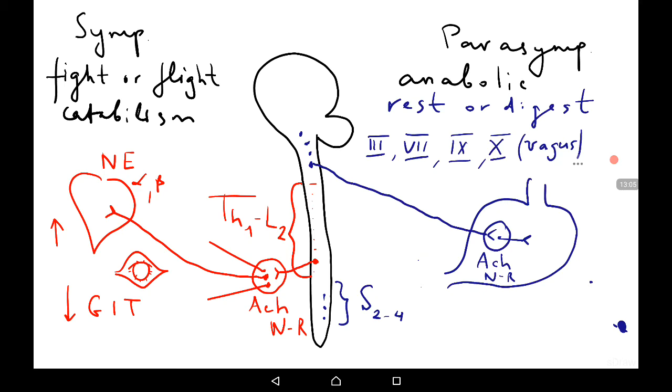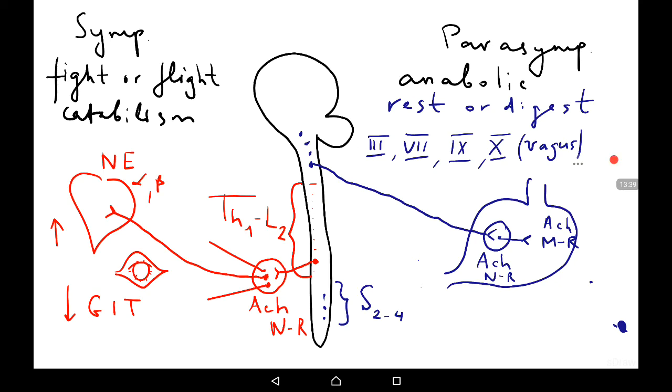But on the organ, by postganglionic nerve fiber, in parasympathetic nervous system, also acetylcholine is released, and we may find cholinoreceptors, muscarinic receptors, and that is quite different from the sympathetic nervous system. So in that respect we may call parasympathetic effects cholinergic in comparison with noradrenergic effects of the sympathetic nervous system.